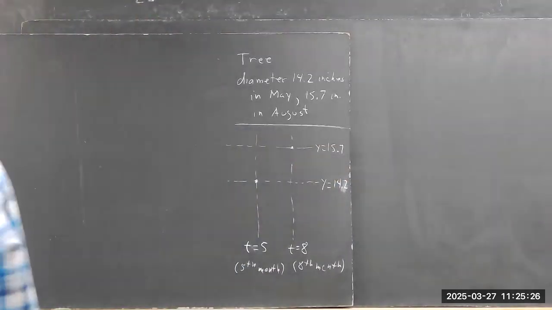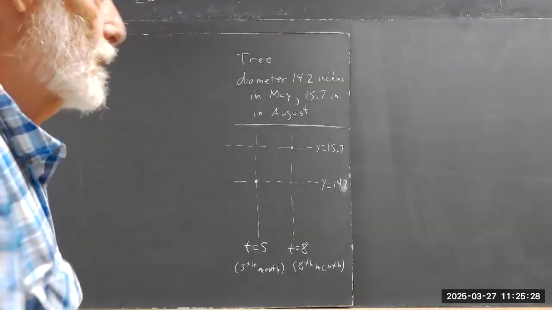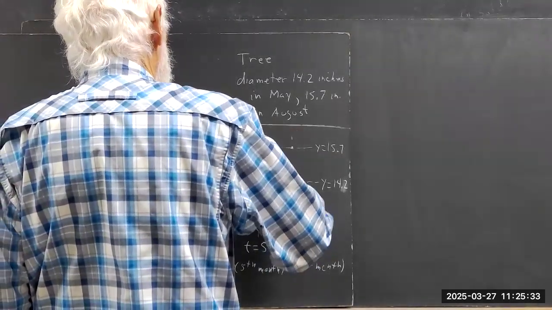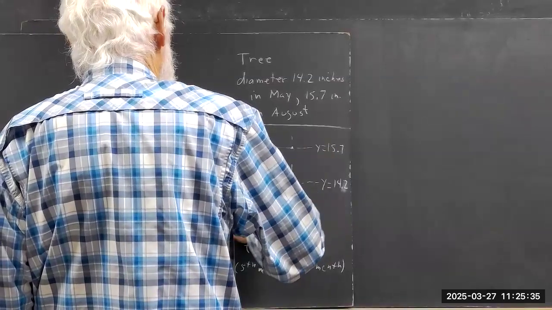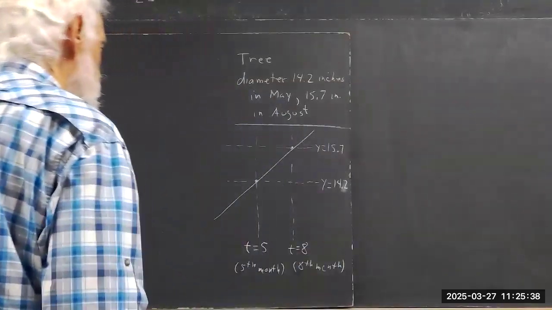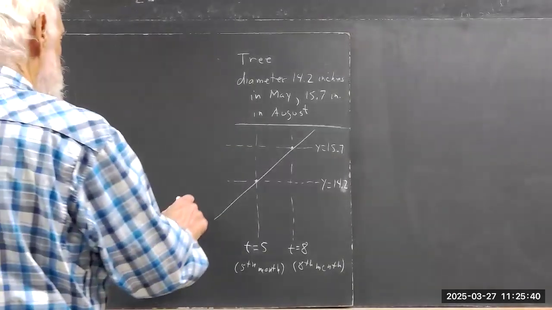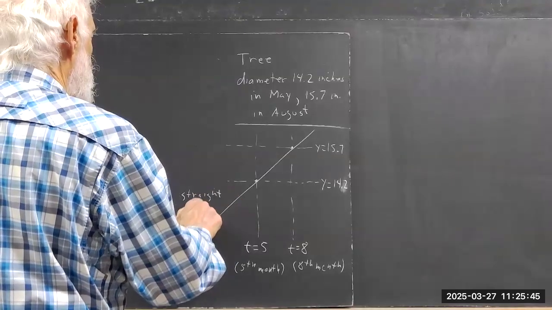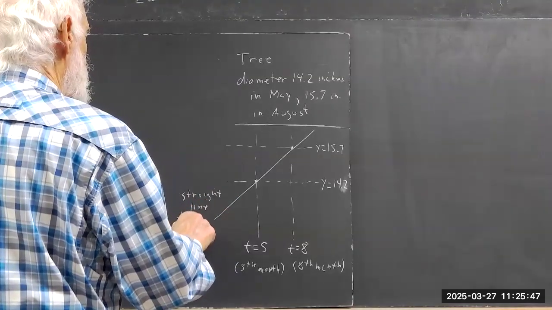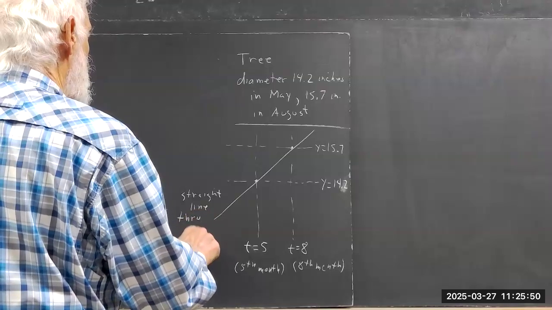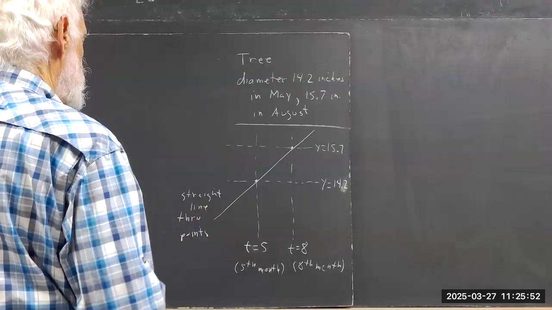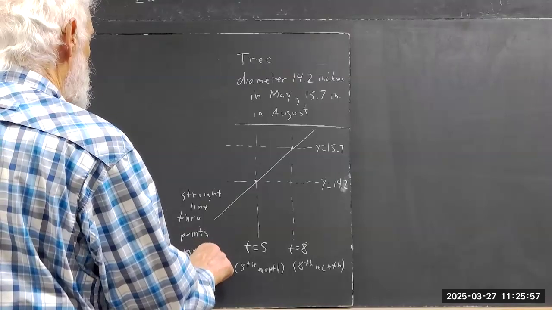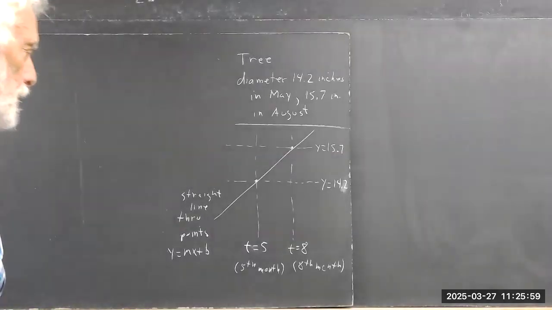Okay. Now we're going to want the straight line through these points. I would say it's y equals mx plus b.